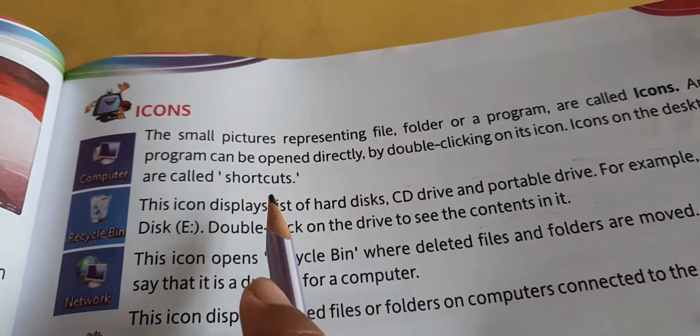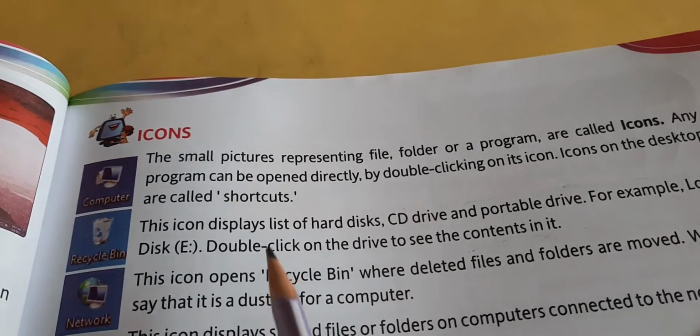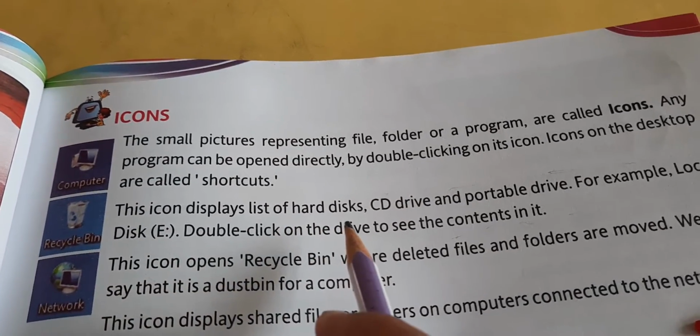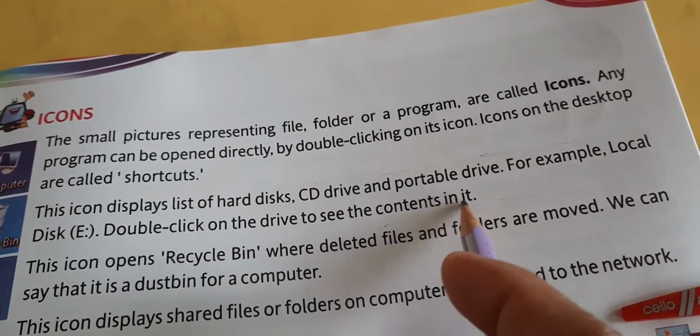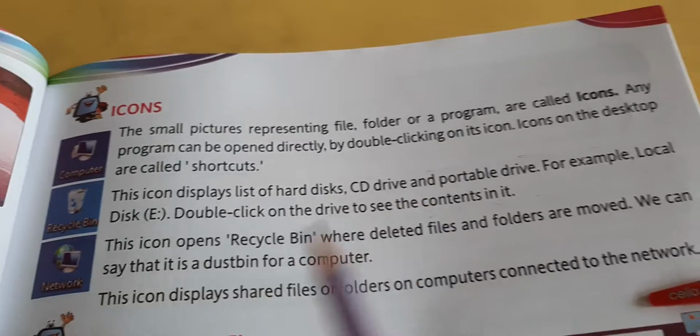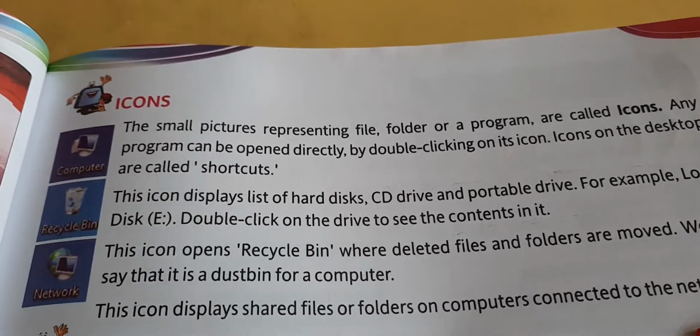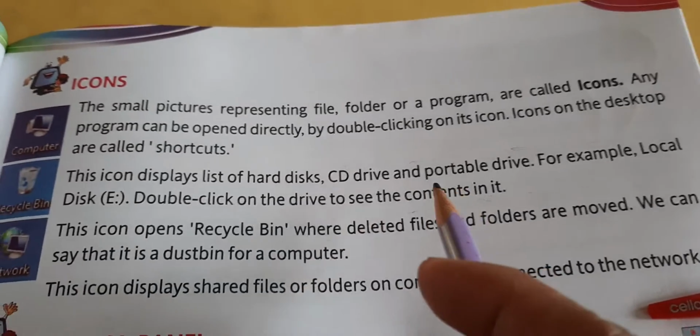We are talking about which icon here? This computer icon means it will show us the list of hard disk, CD drive and portable drive in our computer. Suppose we insert a pen drive in it, it will show us that a pen drive is inserted there and it will show its content also.